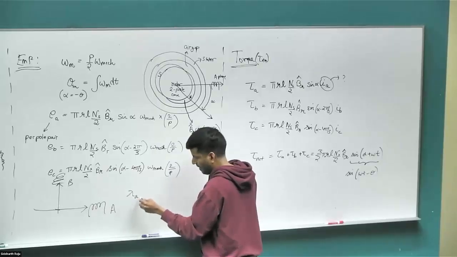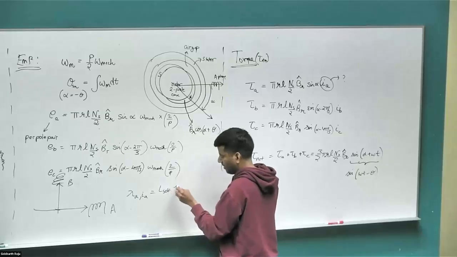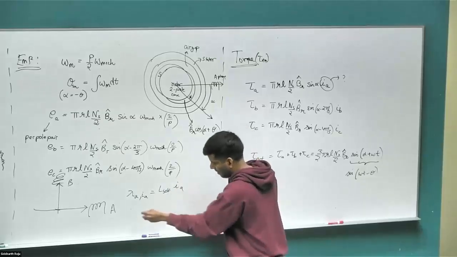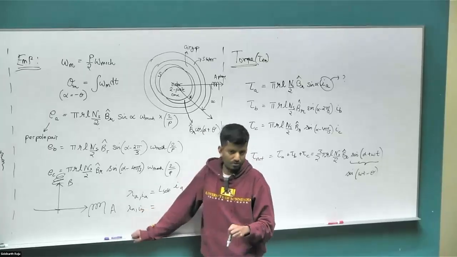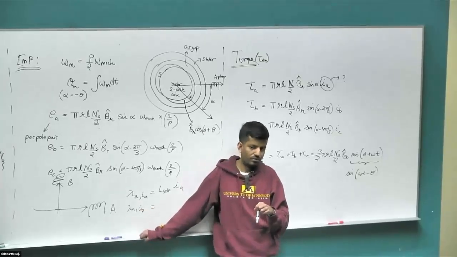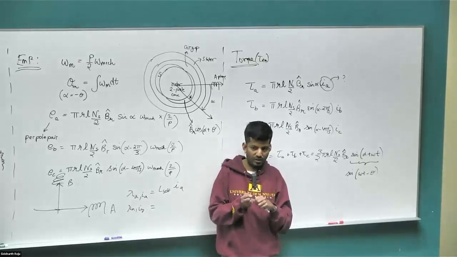So let's say lambda A due to IA is equal to some L self times IA. What will be lambda A due to IB? Due to current in the B phase coil, what will be the flux linking the A phase coil?